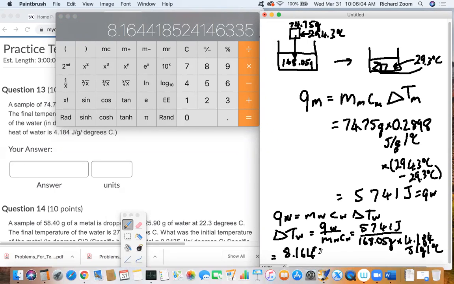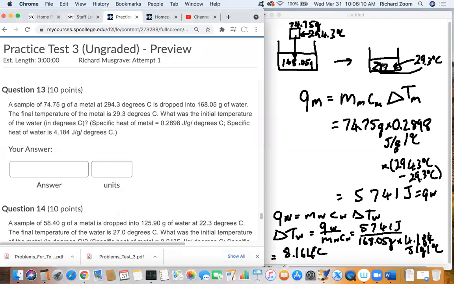C. So the question was asking what the initial temperature of the water is. Now, looking at what happened here, the temperature of the metal went down, from 294.3 to 29.3. So the supposition is that the water must have gone up in temperature to get to that point. So it must have been lower than that. How much lower? It's going to be 8.164 degrees lower than that.